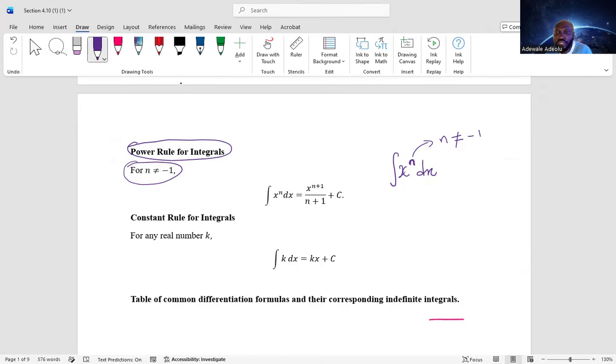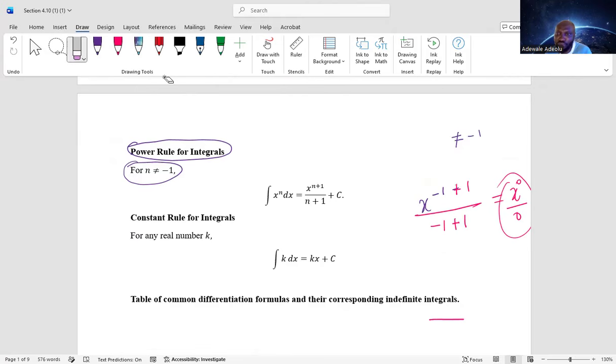Now, why do we want n to be different from -1? Look at this. Suppose we have -1. If we add 1 to that power, we need to divide by that new result. So we would have x raised to power 0 divided by 0, which does not make sense. We cannot divide by 0.